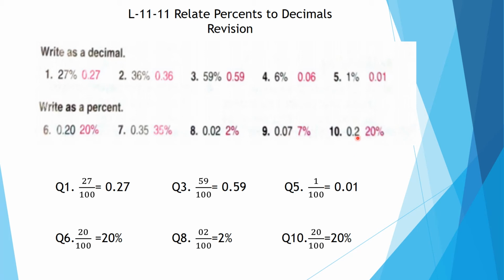Here is 2 by only one digit, then 2 by 10, and then after that, because out of 100 is a percent, you multiply it by 10, then it becomes 20, and 20 by 100 is equal to 20%. That one I think is clear.